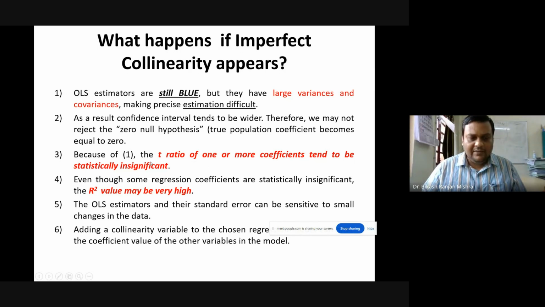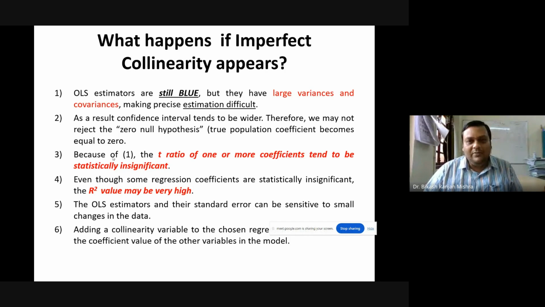The second thing is that it may result in the t ratio of one or more coefficients tending to be statistically insignificant. That means because of the collinearity problem, some variables' significance level is disturbed. That is a problem for any researcher, because any researcher is always worried that whatever variable I have selected should come out significant, right?